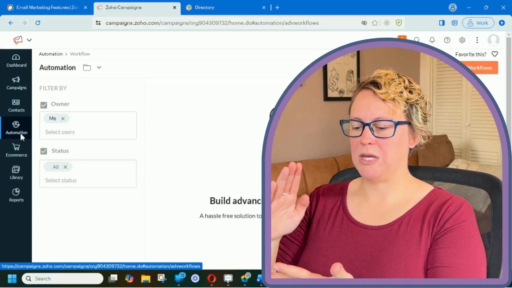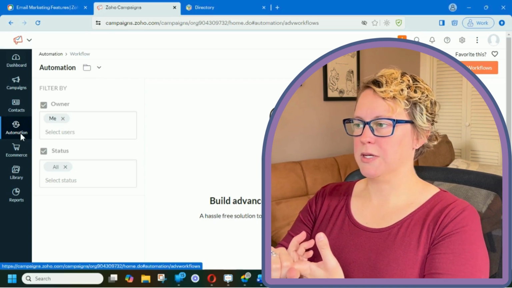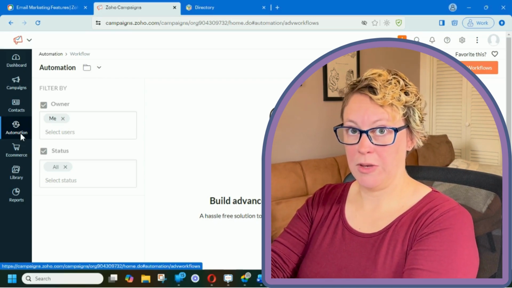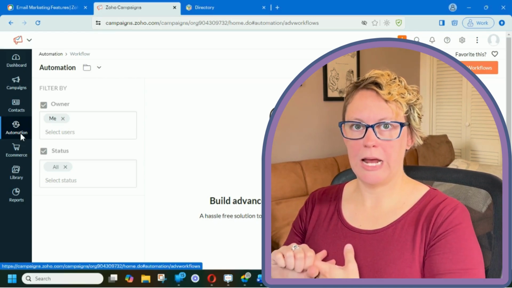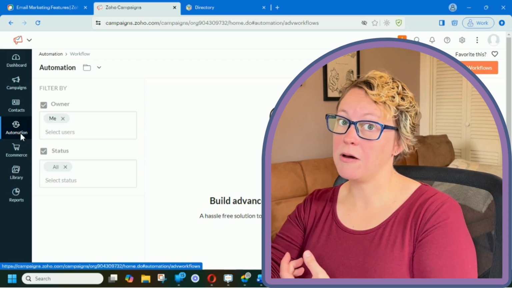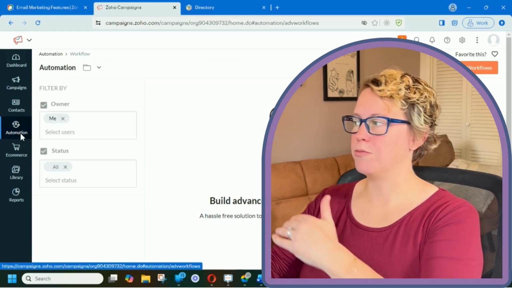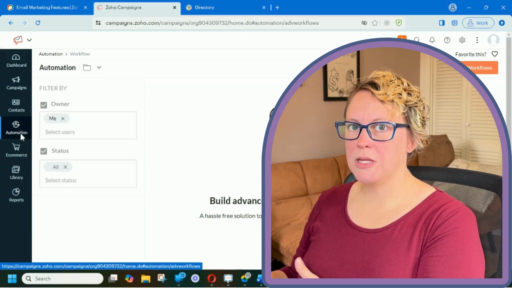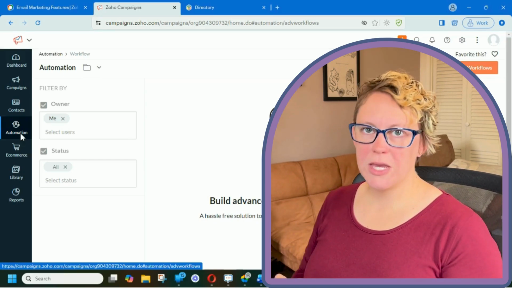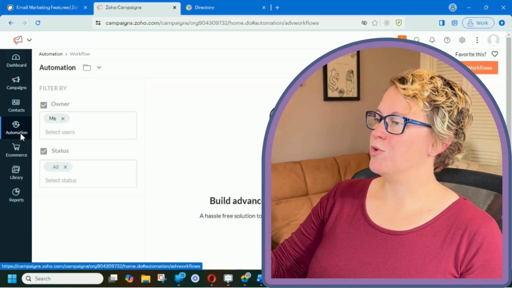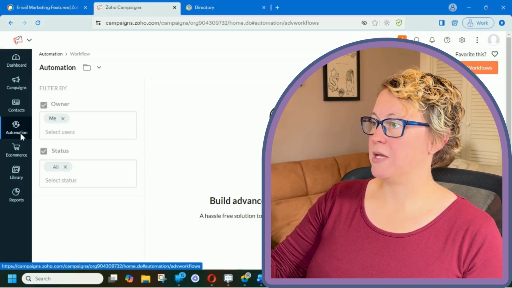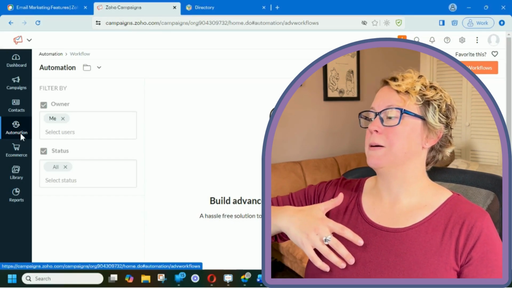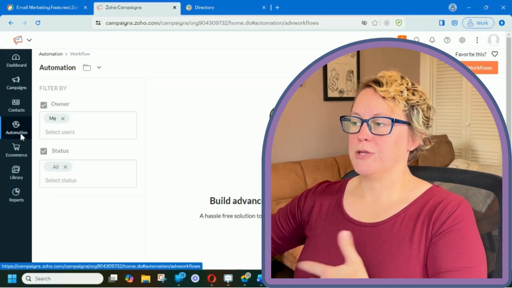And so that can be an email campaign, a singular email campaign going out. It can be a series of email campaigns going out with different wait times in between them. Often this is referred to as a drip campaign. Zoho Campaigns also allows you to do other things throughout the automation.